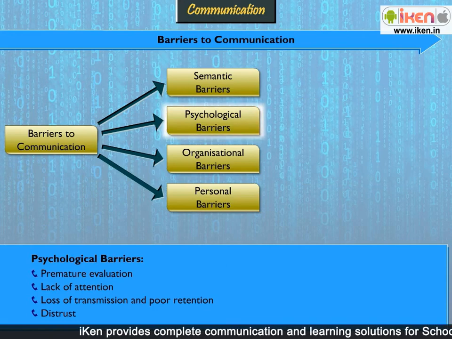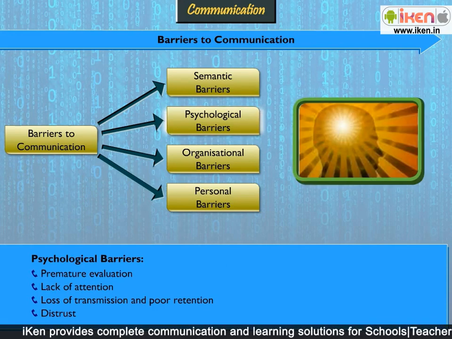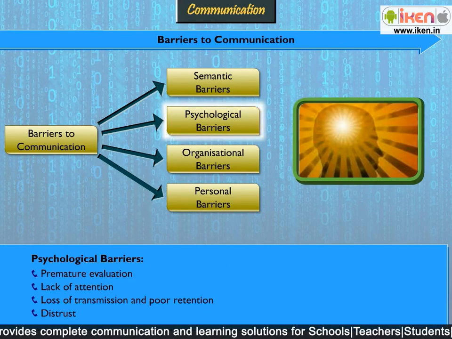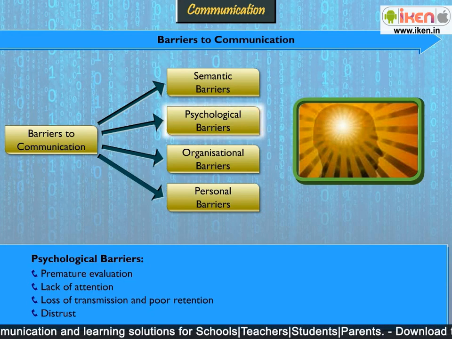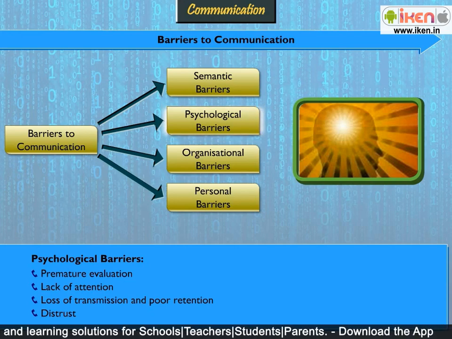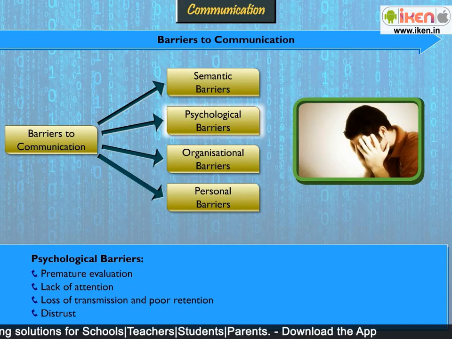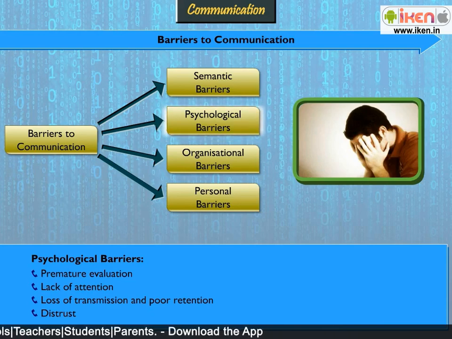Emotional and psychological barriers. The state of mind of both sender and receiver of communication reflects in the effective communication. For example, a worried person cannot communicate properly, and an angry receiver cannot understand the real meaning of the message.